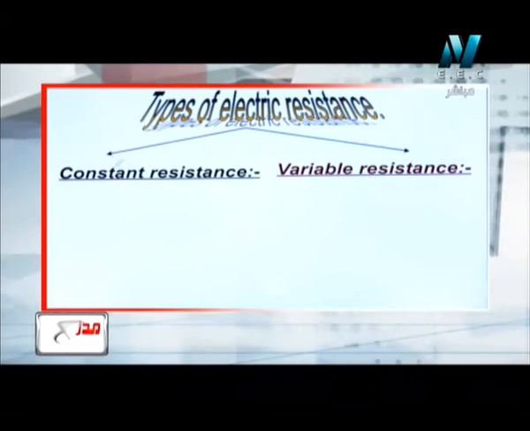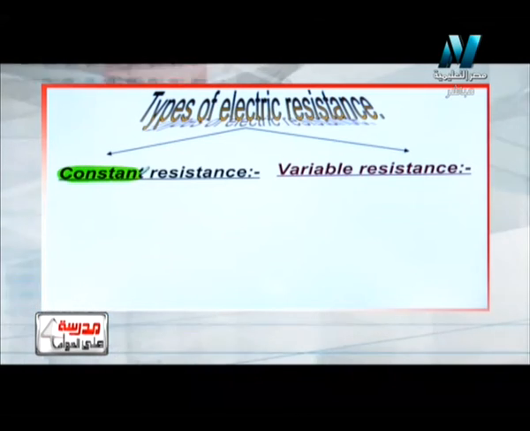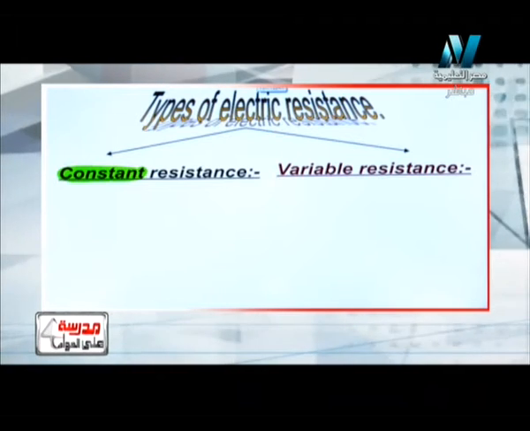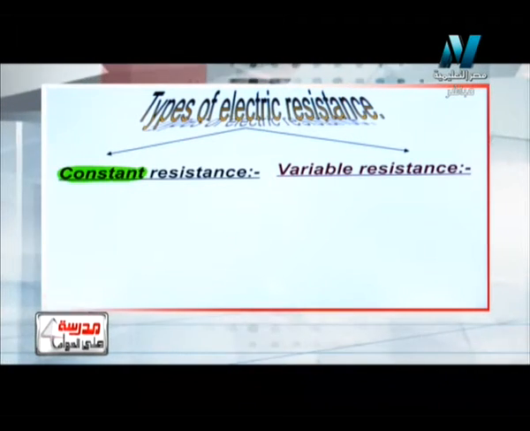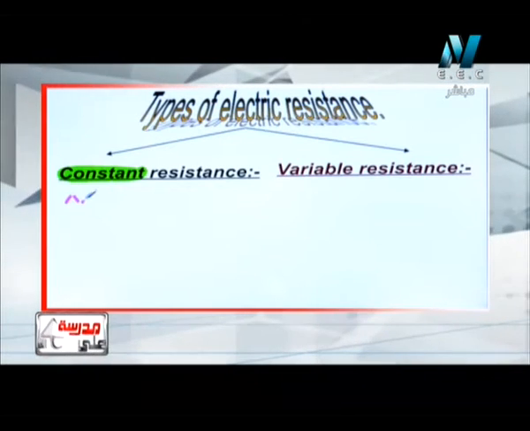So firstly, we have to know the types of the electric resistance. Number one is called the constant resistance, and we know the constant resistance is like the wire that we drew in the previous episode like that.